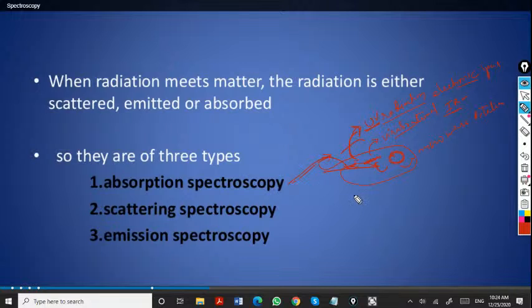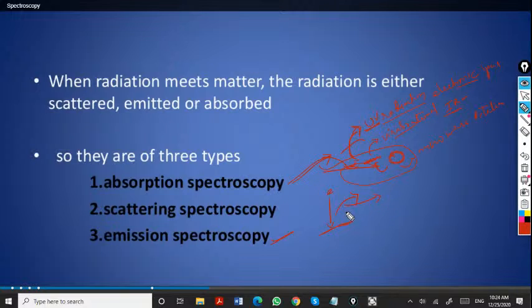By emission also, these processes may occur. If the emission results from electronic, vibrational or rotational transitions, then it is said to be emission spectroscopy. It means when an electron turns back to its native energy state, the energy will be released.